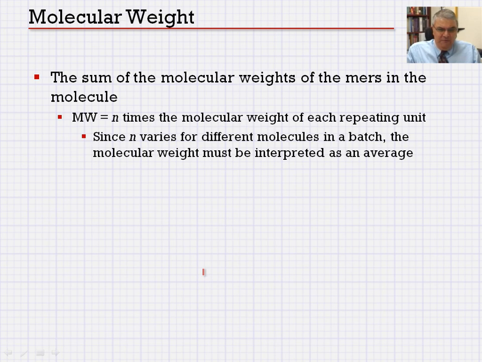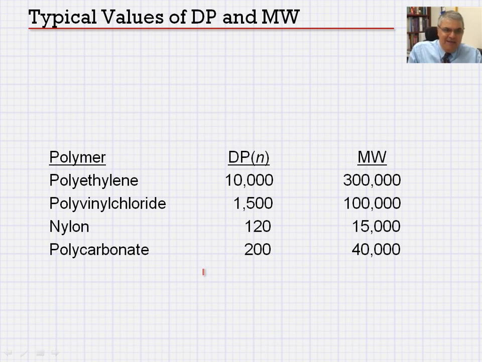So how do we define molecular weight? It is n times the molecular weight of each repeating unit, and because n varies for different molecules in a batch, of course the molecular weight would be a variable, and we need to somehow interpret this as an average.